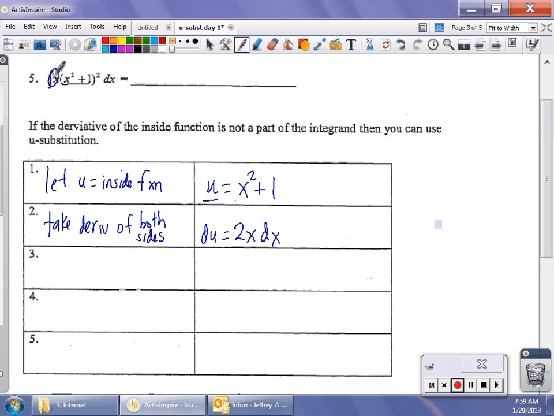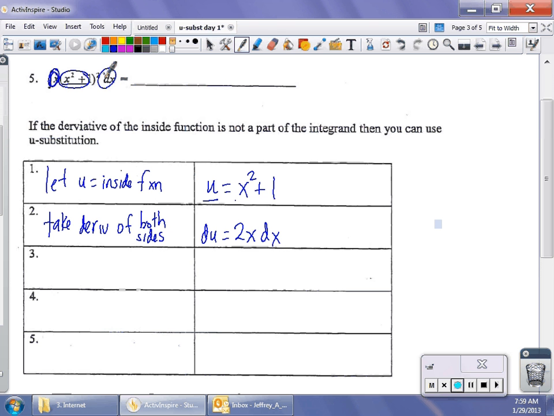We're going to replace everything up here. So we're going to replace the x squared plus 1 with u. We're going to replace the x, but I don't quite yet have a replacement for x, and I also need a replacement for dx.